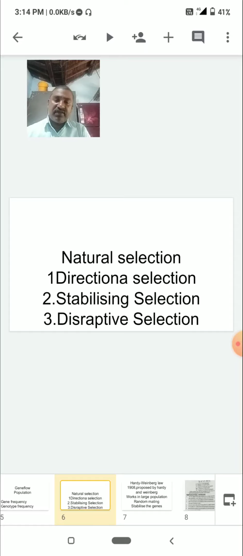So at the end, in the populations, a few disabled organisms die. This selection operates in a stable environment. In this process, extreme individuals from the two ends of the phenotypic distribution are eliminated.